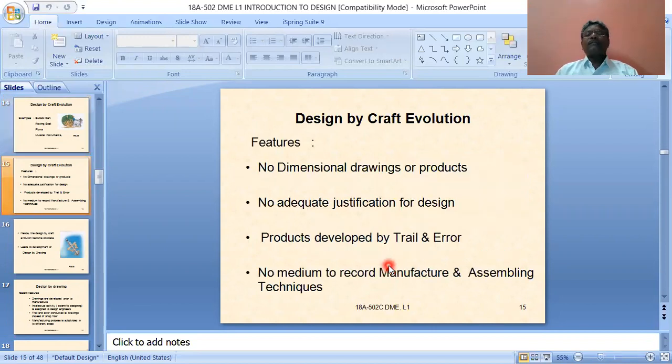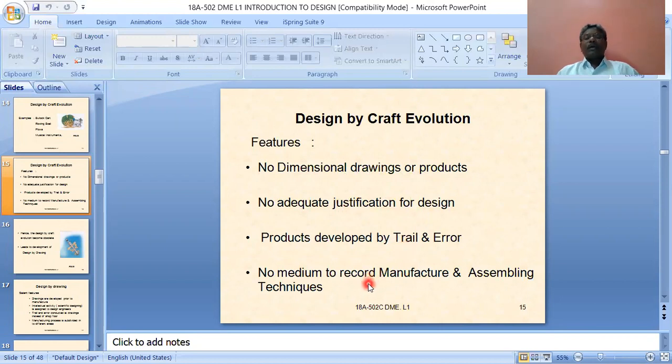In craft evaluation, the main features are that no drawings are there. That means no proper size and shape. As per the requirement, they will produce the components. There are no dimension drawings of products, no adequate justification for design, and the products are developed only by trial and error method. That means repeatedly they will try, and finally if they are satisfied, then that will be the final product.